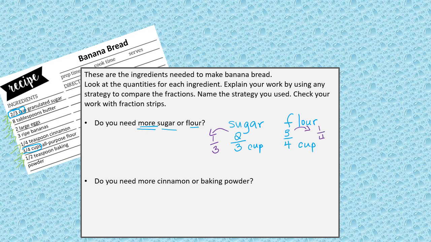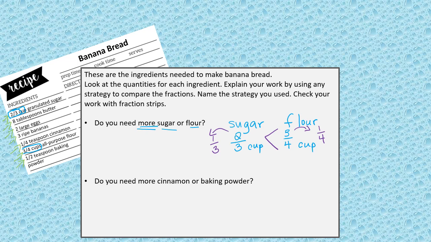It would be 1/4. So now let's take a look at our missing pieces. We have 1/3 and 1/4. Which one of those has a smaller missing piece? The flour. 1 part out of 4 is smaller than 1 part out of 3. So if the flour is missing less to make a whole cup, then flour is greater.